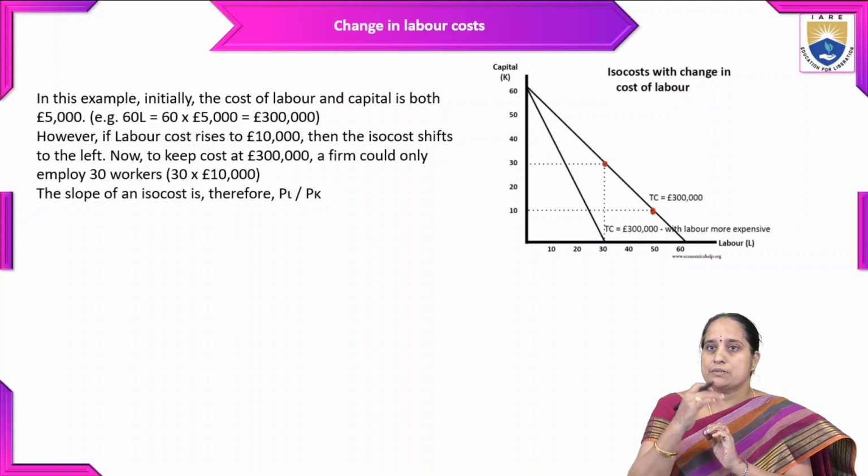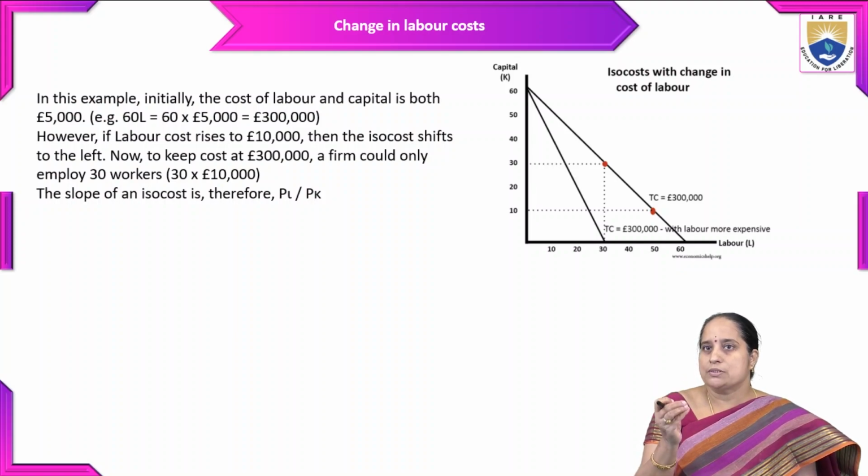However, if labor cost rises to 10,000, then the isocost shifts to the left. Now, to keep the cost at 300,000, a firm could only employ 30 workers. The slope of isocost is therefore PL by PK.